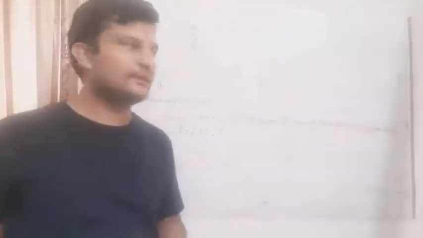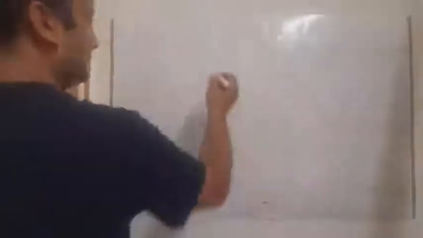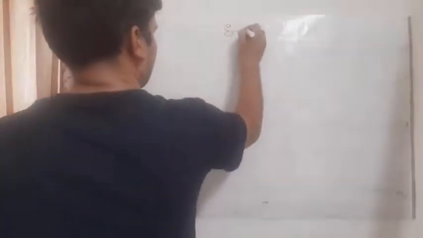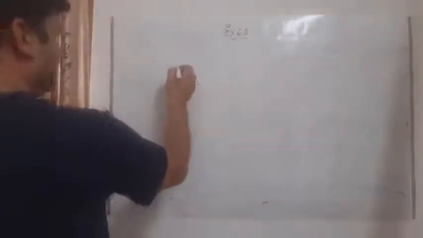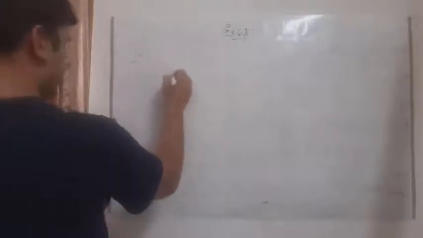Students, this is the exterior angle property, note it down, and then after we are starting exercise 6.3. Now students, exercise 6.3, question number 1: in your book the figure is given like this.